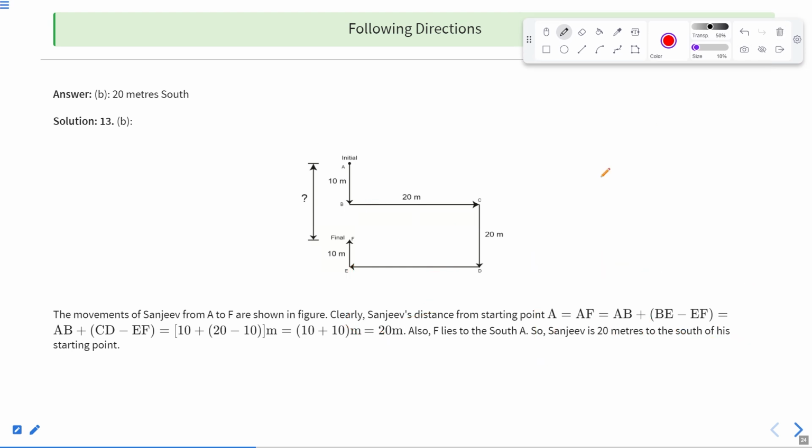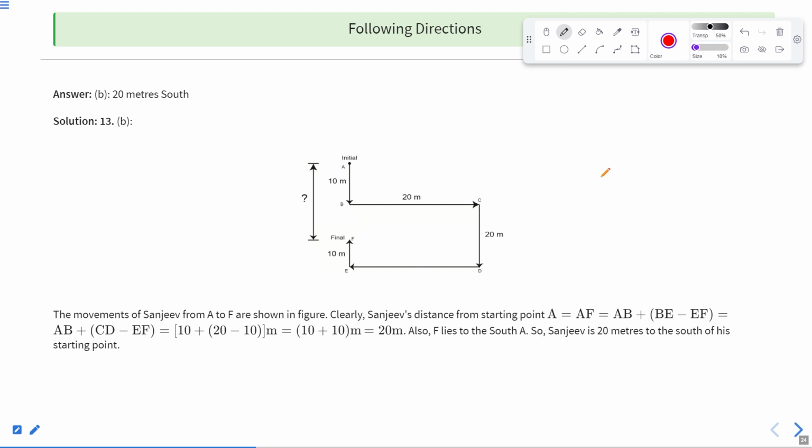Taking initial position A, he moves from A to B 10 meters, then B to C 20 meters, then he moves C to D 20 meters south, D to E 20 meters west, then E to F 20 meters north. Therefore, he's moved down 30 meters from initial position, but moved up only 10.